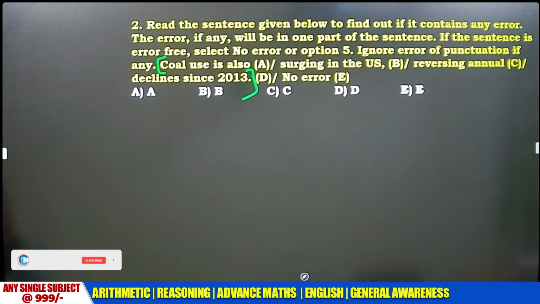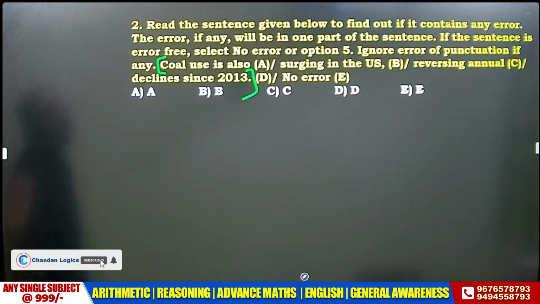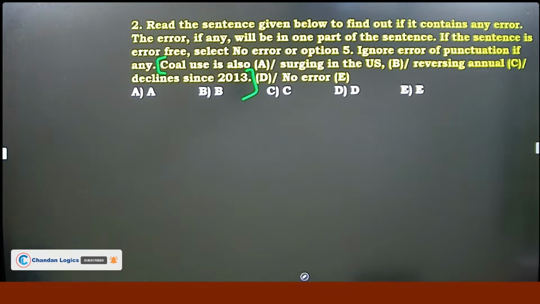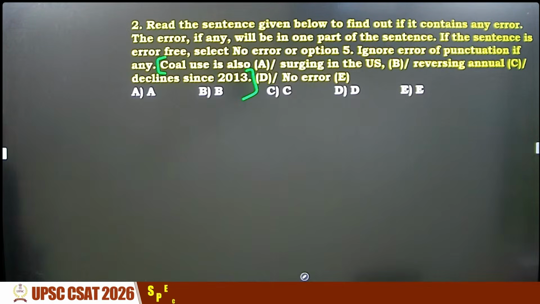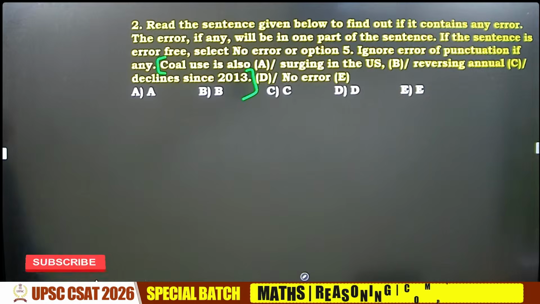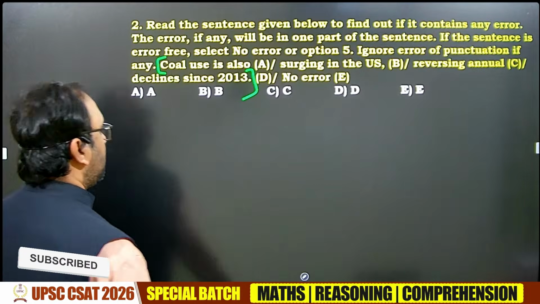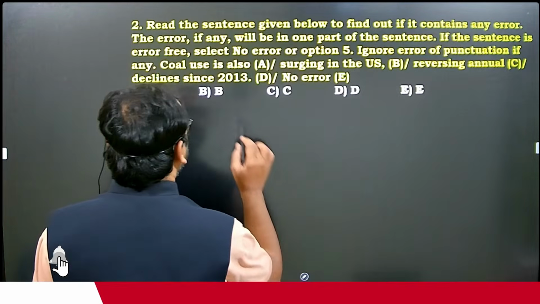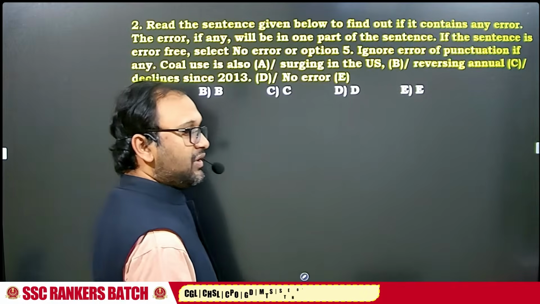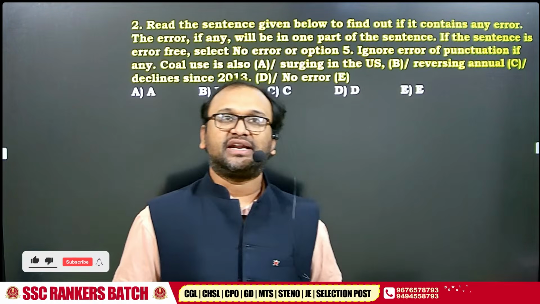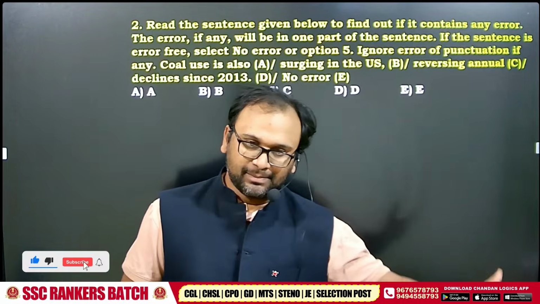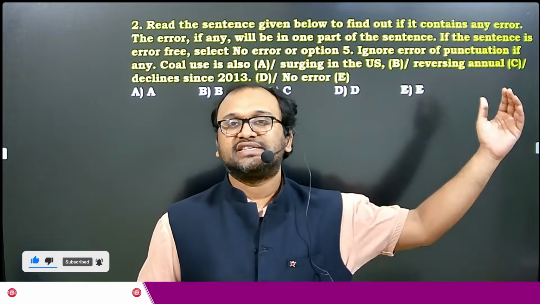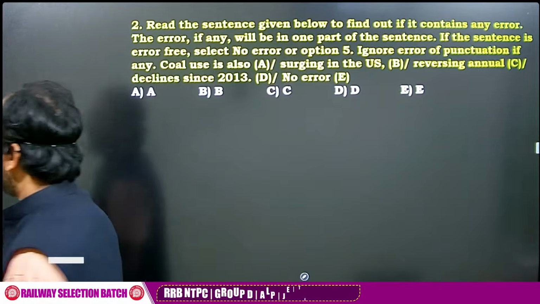Yeah, guys, easy question. Coal use is also surging in the US, reversing annual declines since 2013. Easy question. My dear friends, here you say since 2013. When you say since 2013, it is present perfect continuous.